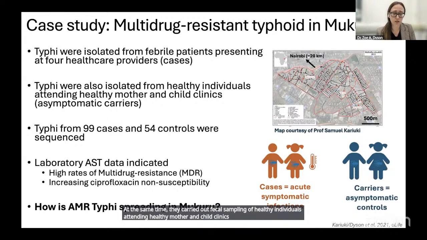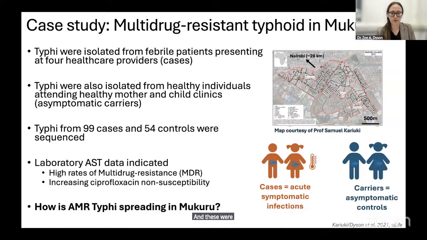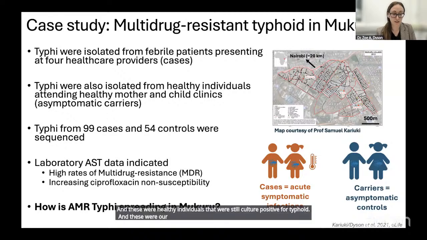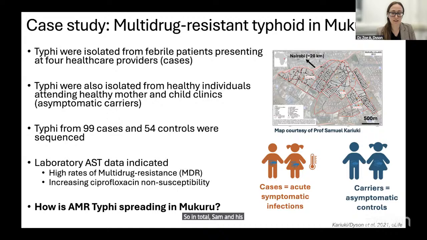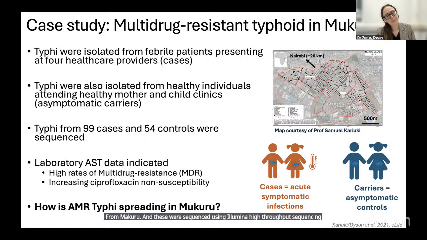This was usually for nutritional advice or routine vaccinations. And these were healthy individuals that were still culture positive for typhoid, and these were asymptomatic carriers in the setting. So in total, Sam and his team sequenced 99 cases and 54 carriers or controls from Nakuru. And these were sequenced using Illumina high throughput sequencing platforms.